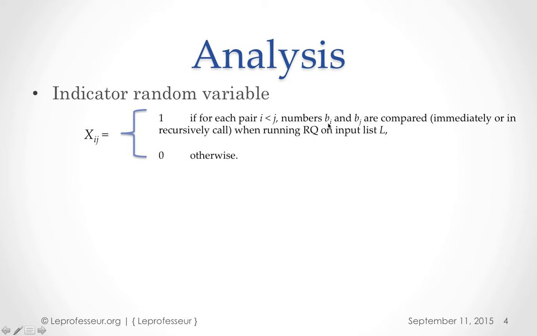If the numbers bi and bj are compared, immediately or in any of the recursive calls when you run the recursive quicksort algorithm on input list L, then the value of my indicator random variable is 1. Otherwise, it's 0. Good, understood this? Great.